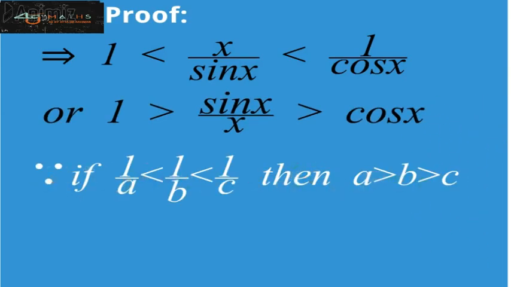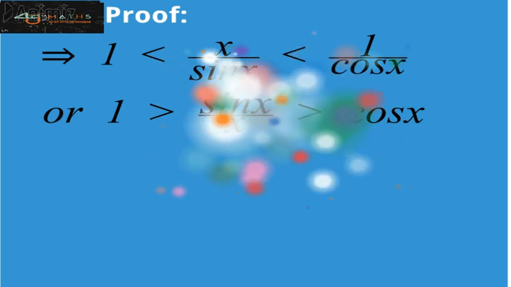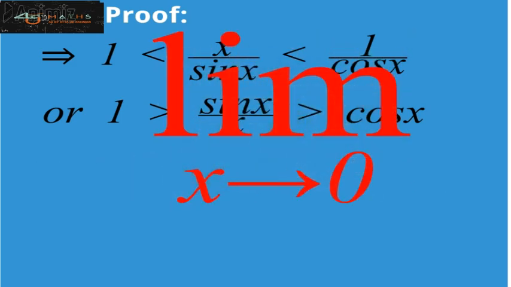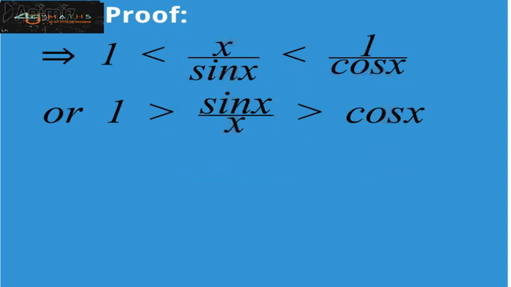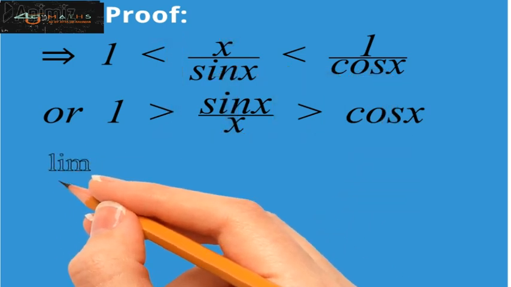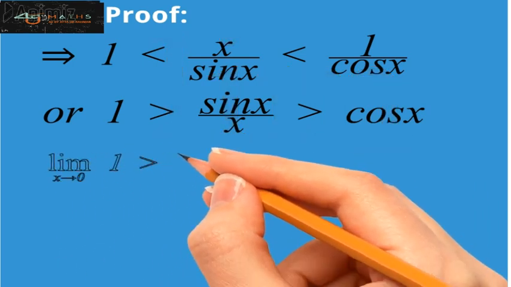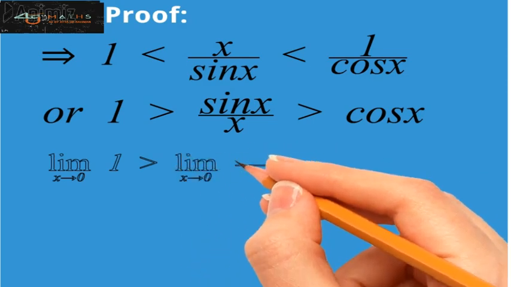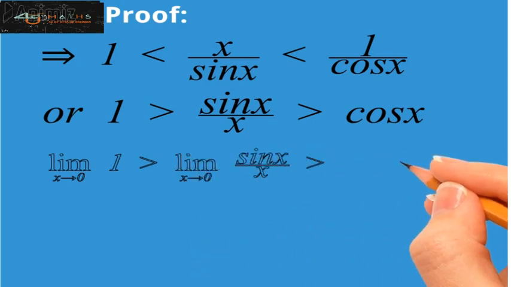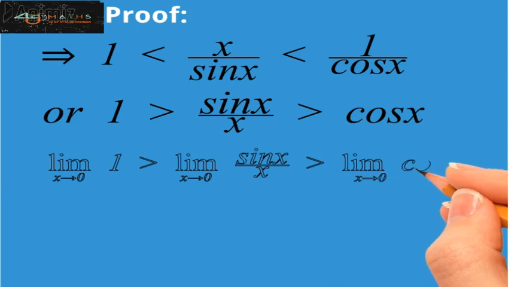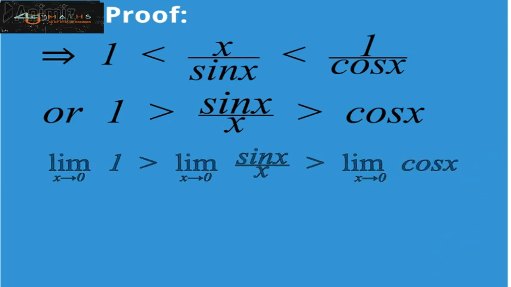Now applying the limit to each side of this inequality, that is, limit x goes to 0. So limit x goes to 0, 1 is greater than limit x goes to 0 sin x by x, which is greater than limit x goes to 0 cos of x.